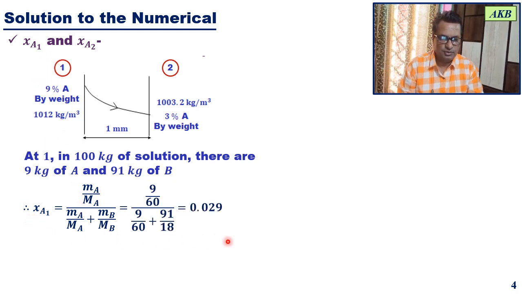So you can see how it is calculated. First, this will be mass of A divided by molecular weight of A, divided by moles of A plus moles of B, total moles. Moles of A is mass of A divided by molecular weight.